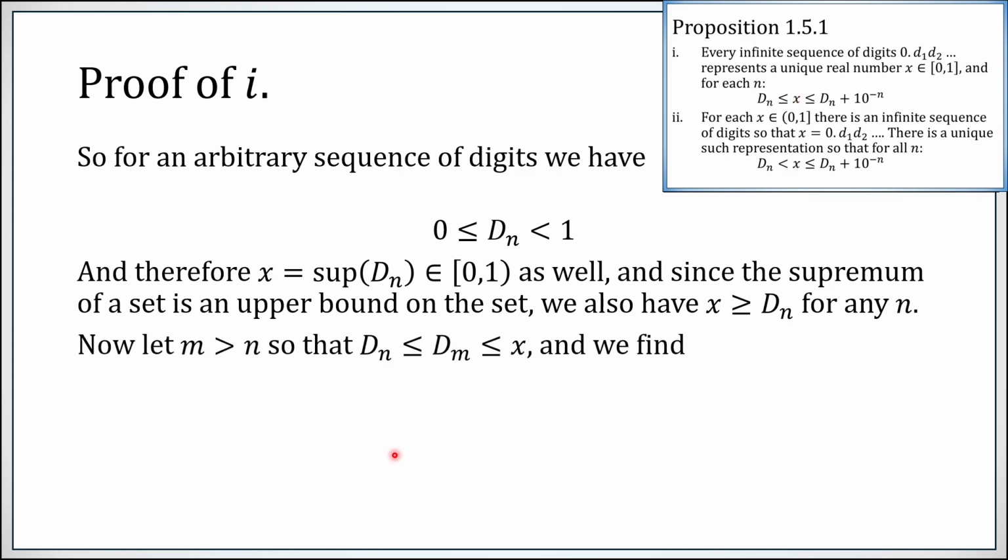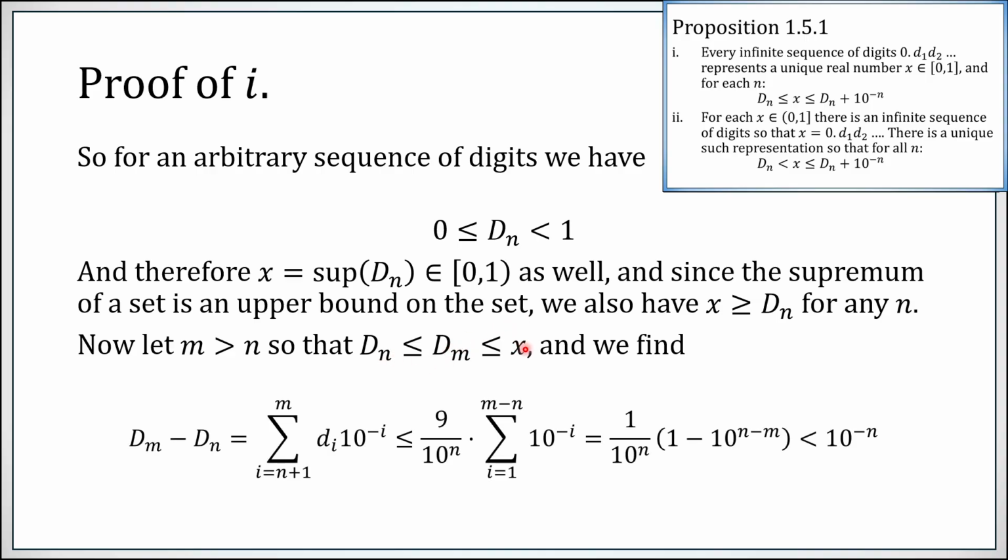Now suppose you take a truncation of larger index. Because we have gone further along in our truncation, we can only make the sums bigger, but they all have to be less than or equal to the supremum. Therefore, if I subtract dn here, we get dm minus dn. Well, you take the sum going out to m and you take away the sum going out to n, leaving only the terms from n plus 1 to m.